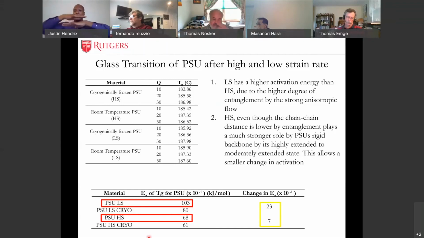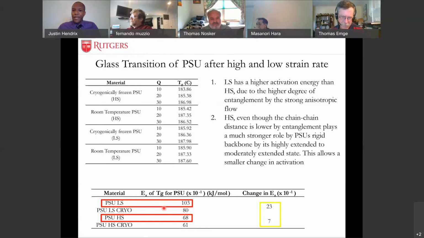And so in order for glass transition to occur, you don't have these chains bumping into each other, trying to mobilize as you're approaching the glass transition temperature, which is also one of the reasons why you get this change in activation energy.